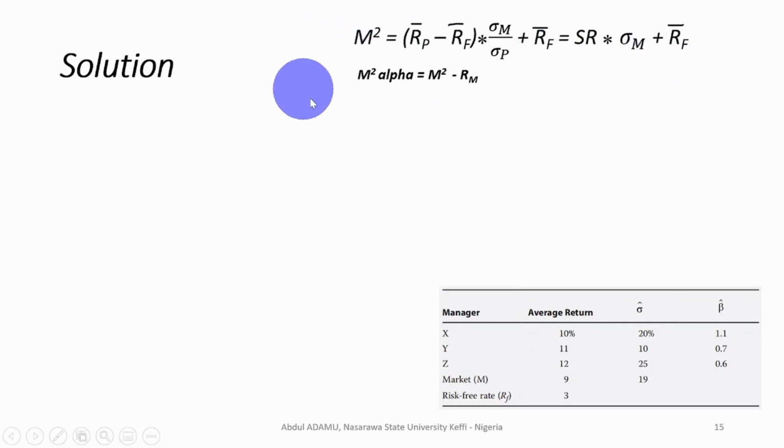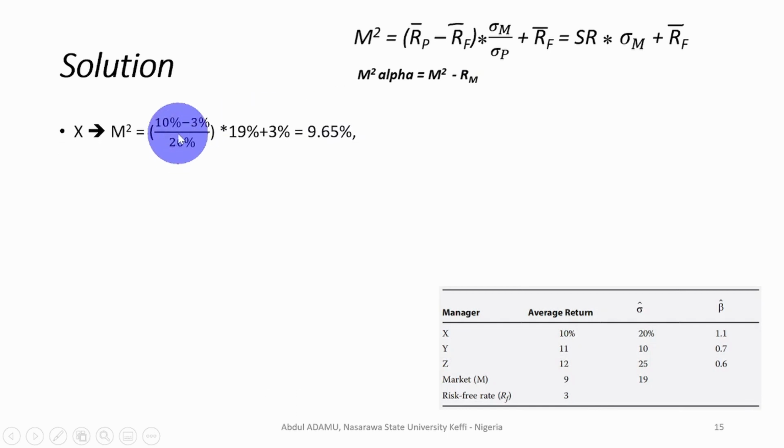These are our formulas for calculation of MSquare and the MSquare Alpha. For portfolio X we have 10%, less the risk-free rate, which is 3%, then we divide it by the portfolio standard deviation, which is 20%. That is this factor here.